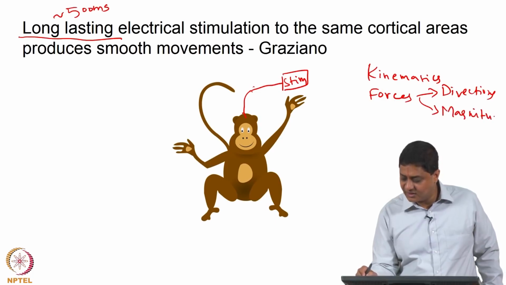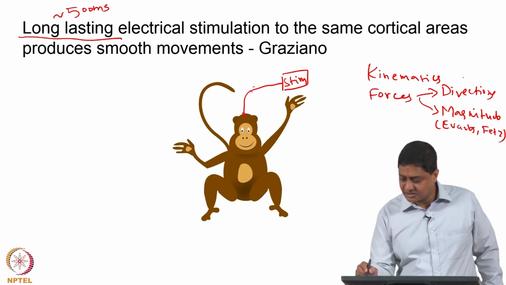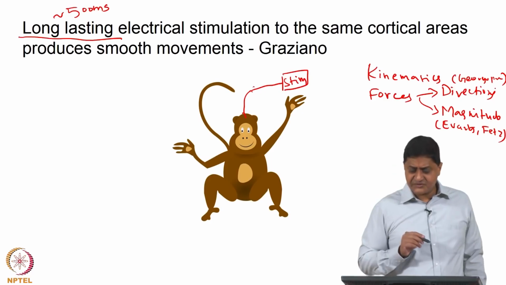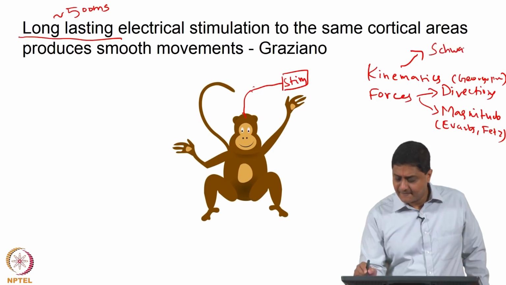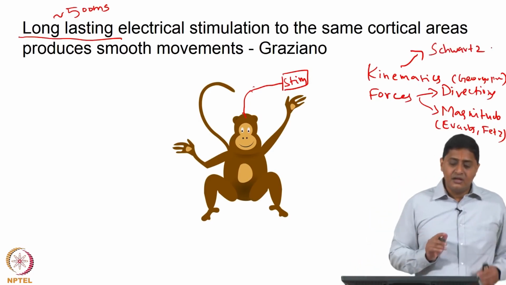We saw these things, is it not? Magnitude means the works of Evarts, Fetz, etc. Direction means the work of Georgopoulos, etc. This we have seen. And kinematics we saw just in the previous lecture, the work of Andy Schwartz. We have seen these things.